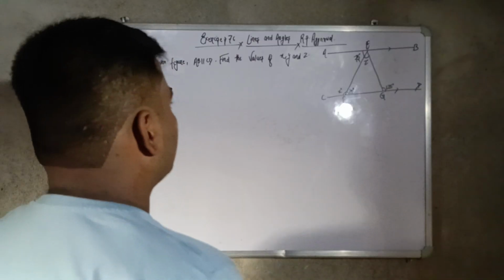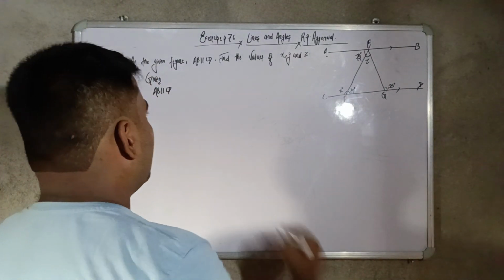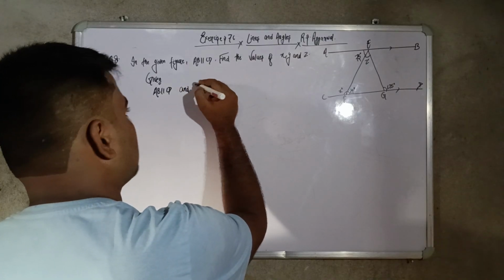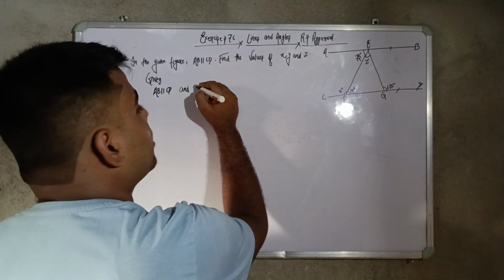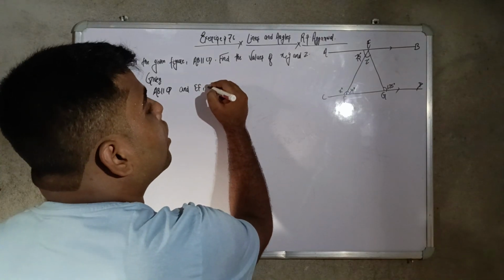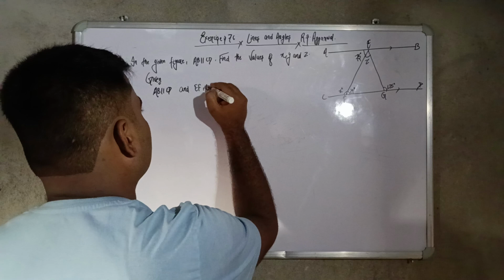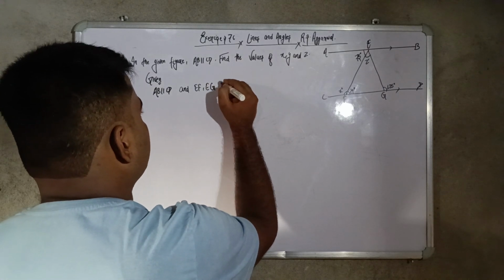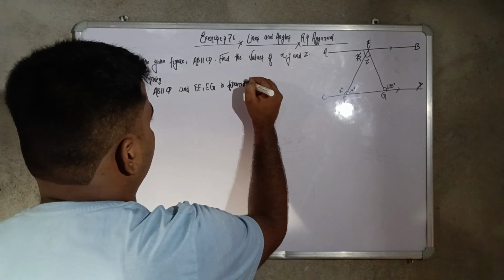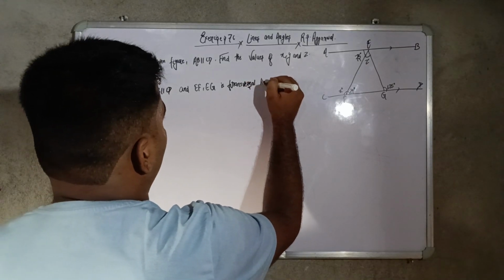We have to write here: AB parallel to CD, and EF and EG are transversal lines.